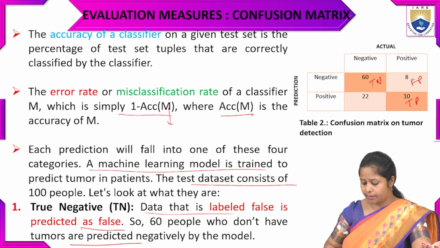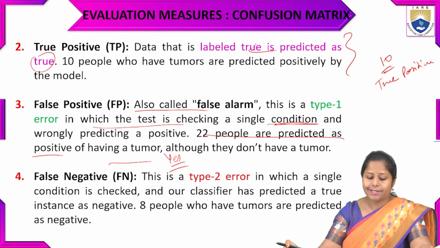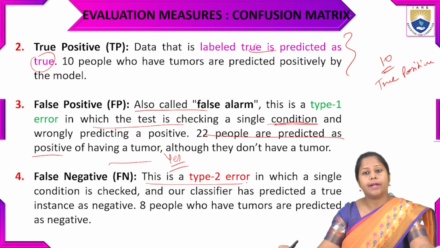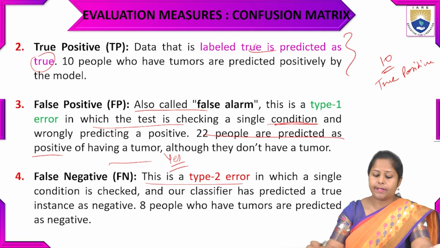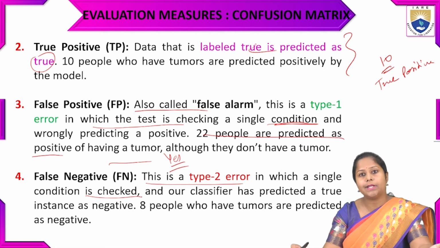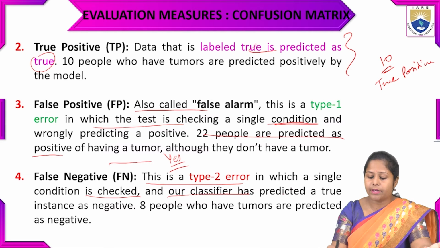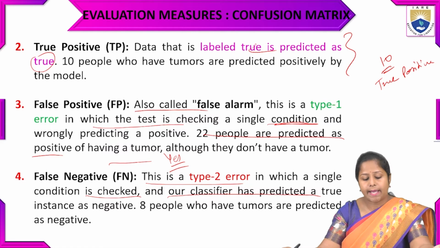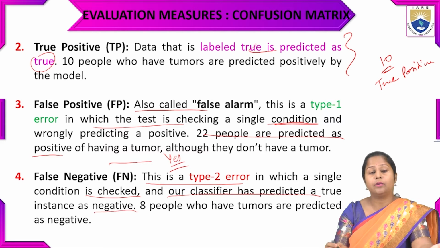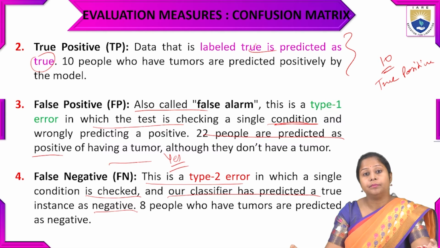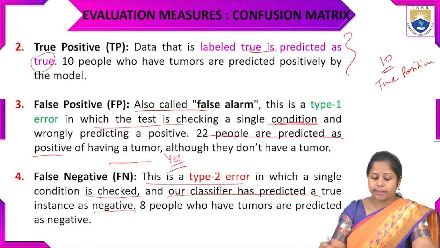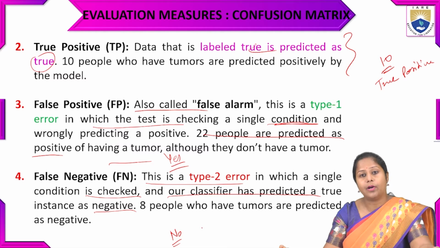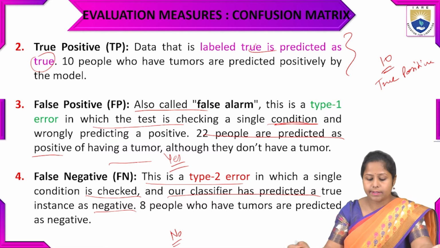Now we will check false negative. This is the type 2 error, in which a single condition is also checked. Our classifier predicted a true instance as negative. That was a true instance. There were 8 people who have the tumor, but they were classified as no. False negative: the condition is true.